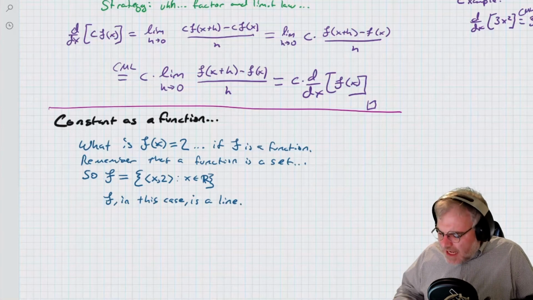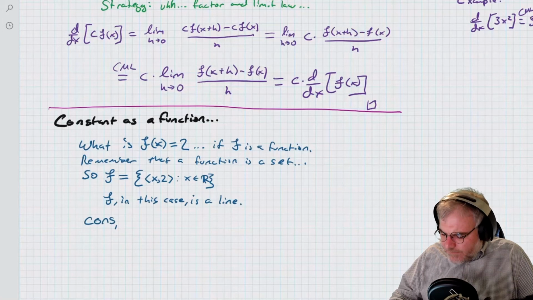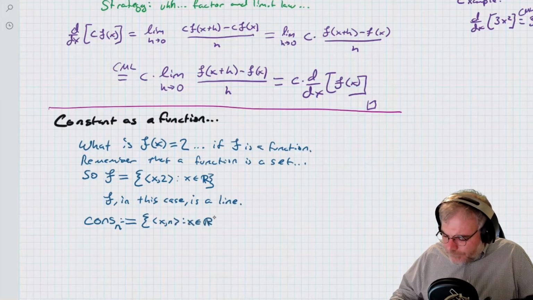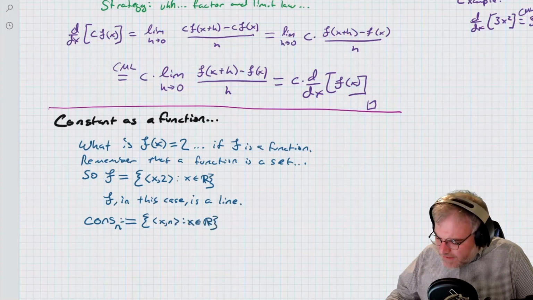So I'm going to define this. Constant n equals the set of (x, n) for all x in R. Okay? It's a fixed n.